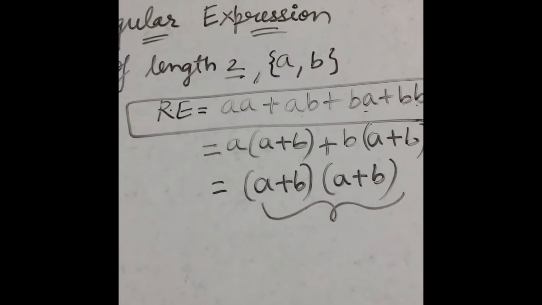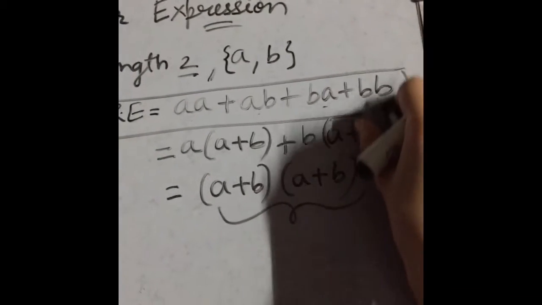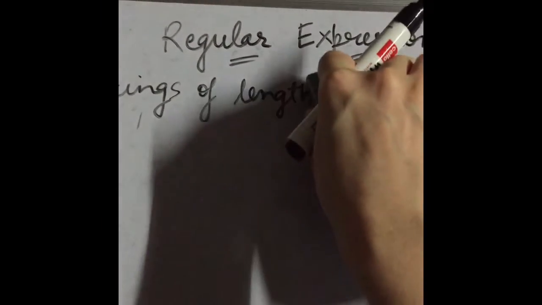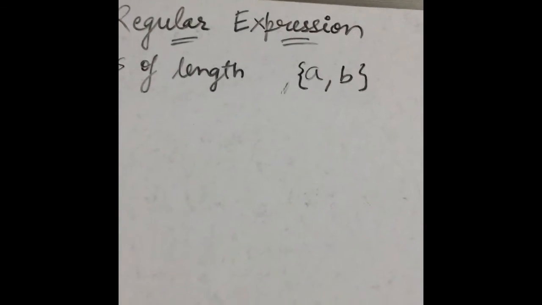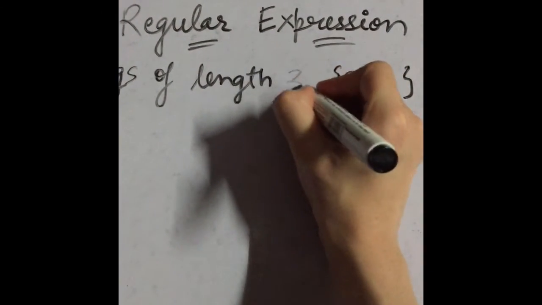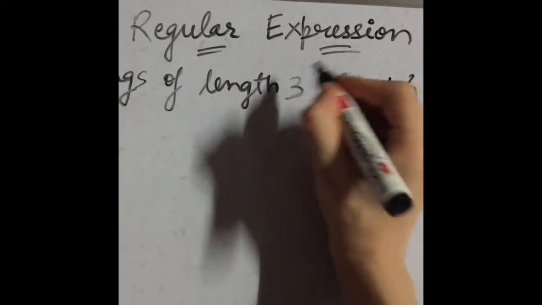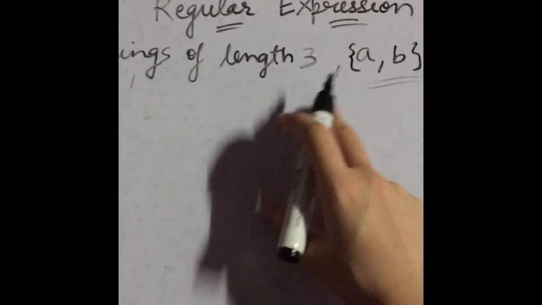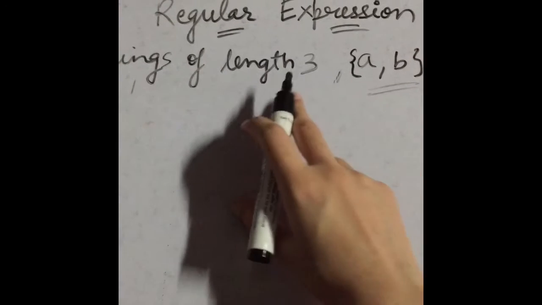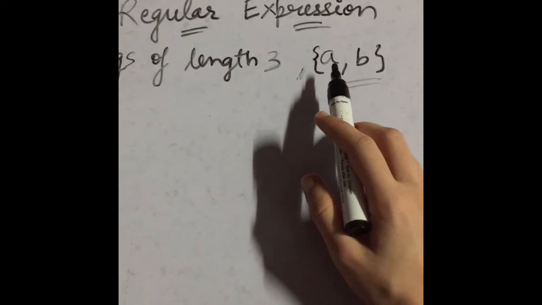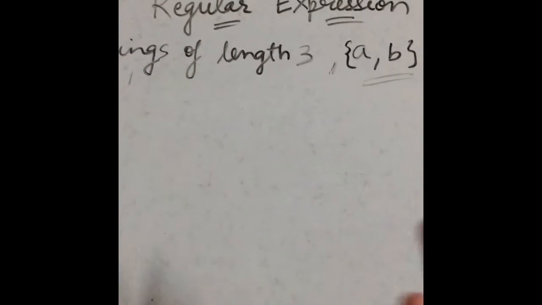Similarly, if you have strings of length 3, and after doing this we will make a conclusion. So strings whose length is 3 and the inputs are A and B. I think it is also finite because the length is finite.